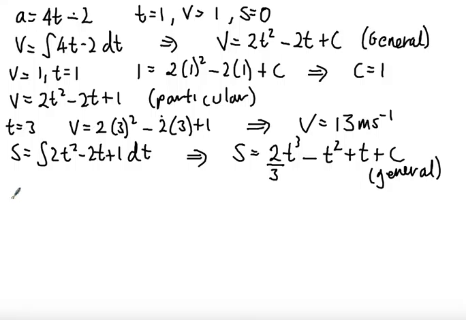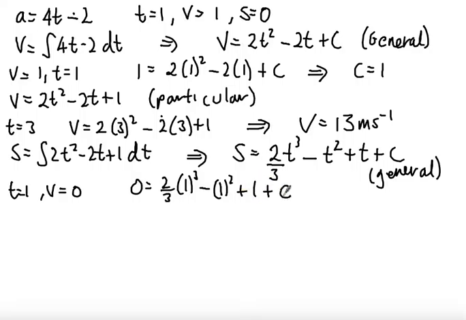So now find a particular solution using that t equals 1, s equals 0. So we get 0 is equal to 2/3 of 1 cubed minus 1 squared plus 1 plus c. So the minus 1 and the plus 1 cancel each other out, so I get left with 2/3. If we rearrange that, we get c is equal to minus 2/3.